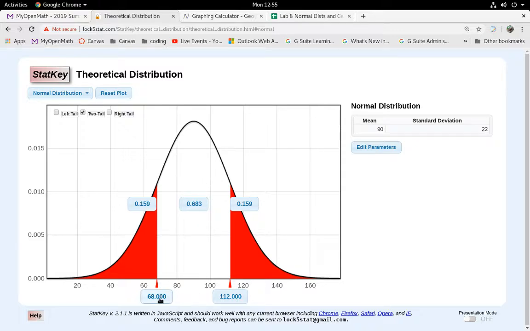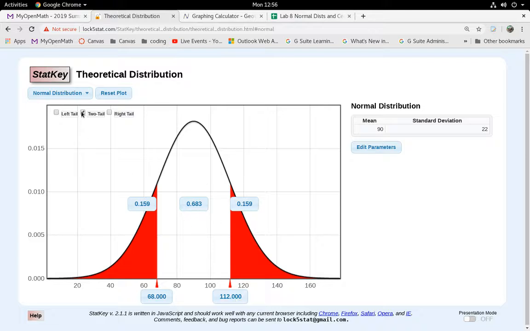So somebody with a reading score of 68 at this grade level is one standard deviation below average. Somebody with a reading score of 112 words per minute is one standard deviation above average, and I would expect that almost 70% of individuals, kids at this grade level, should read somewhere in this range, number of words per minute.